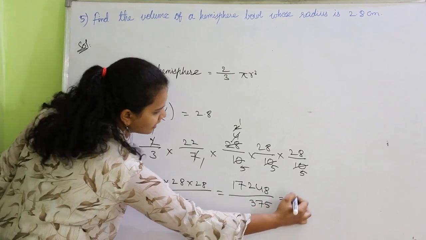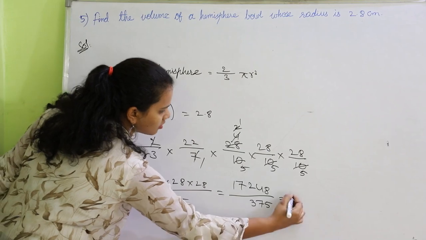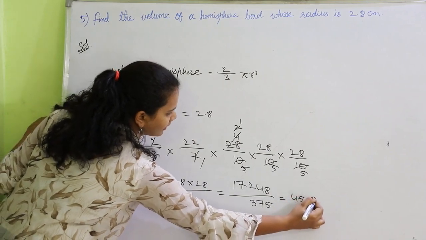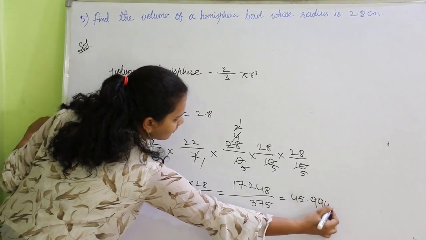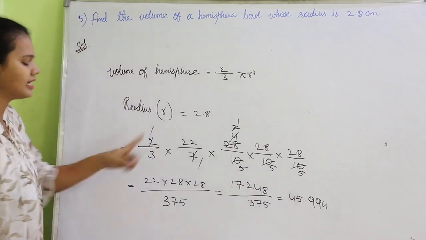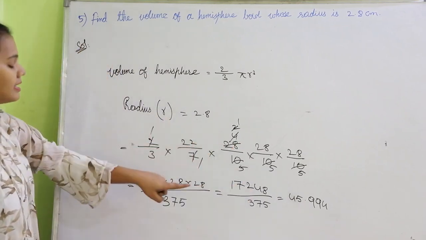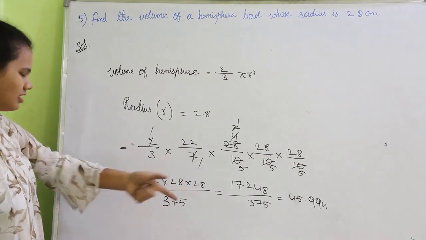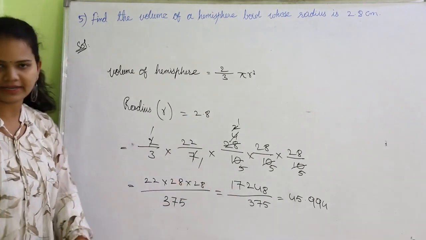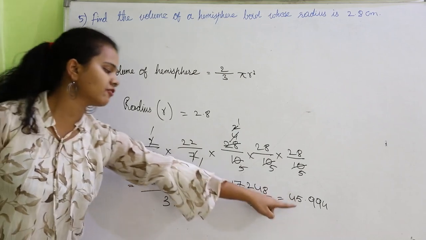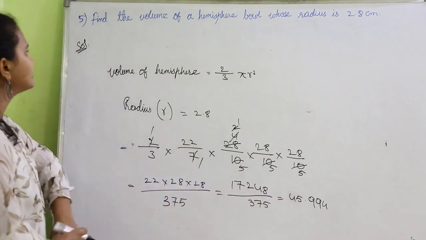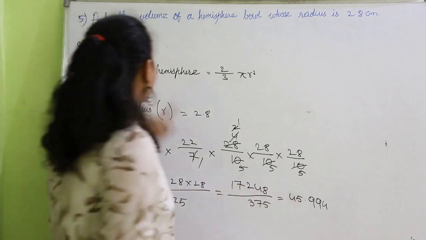So this gives 45.9946, but let it be. A little bit 45.988 or so, but here I have considered 45.994. This is volume, so they're talking about volume.